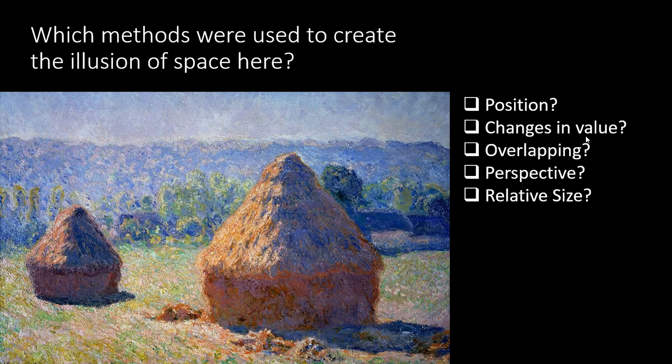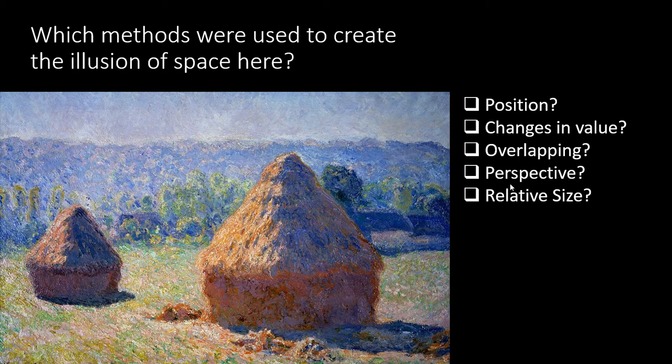Do I see changes in value? Perhaps a little bit. There is a lot of detail in the objects that are closest to us and less detail in the background, but that one's not as strong. Do I see overlapping? Yes, this haystack obviously overlaps other parts of the picture. They are coming out from behind the haystack and they're slightly hidden.